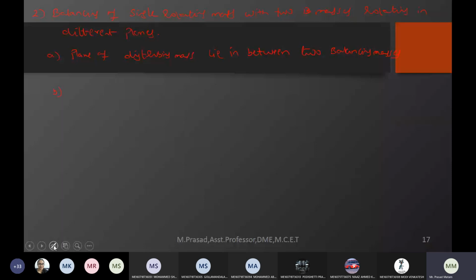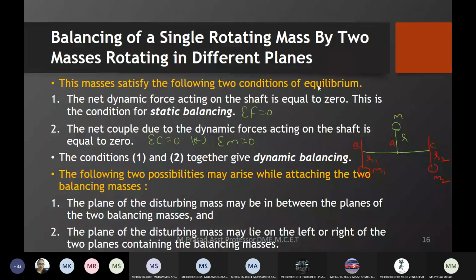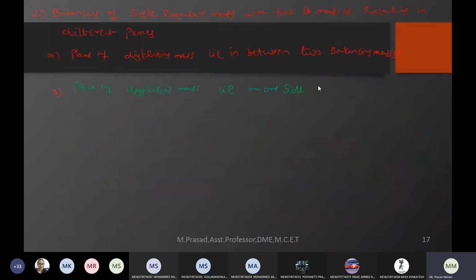The second condition is the plane of disturbing mass lies on one side, either left side or right side, of the two planes.